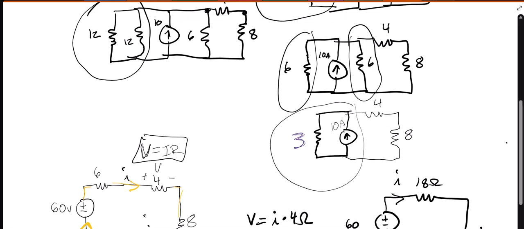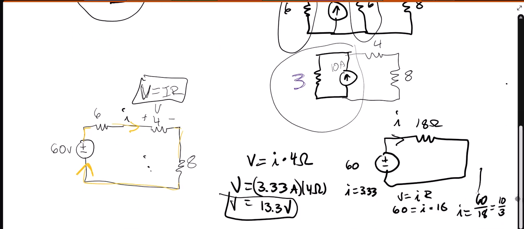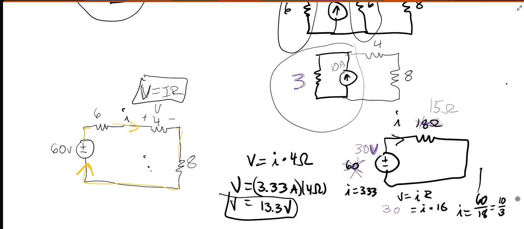Okay, so now that would give us instead a 30 volt voltage source, and then we would have 30 equals I, and now our equivalent resistance is not 18 because it's 3 plus 4 plus 8, so that's 15 ohms.